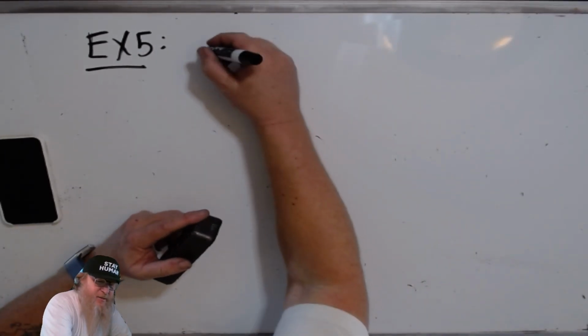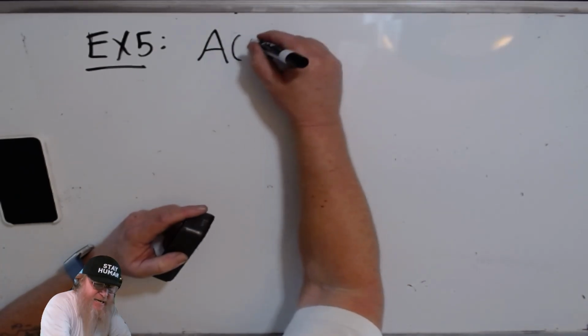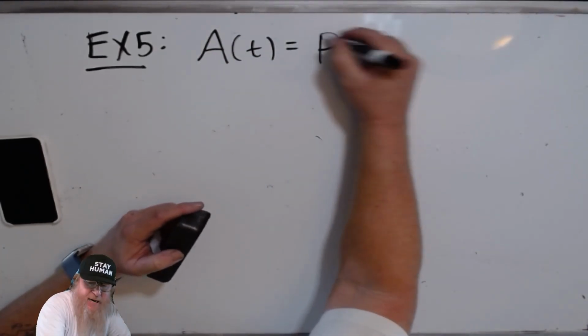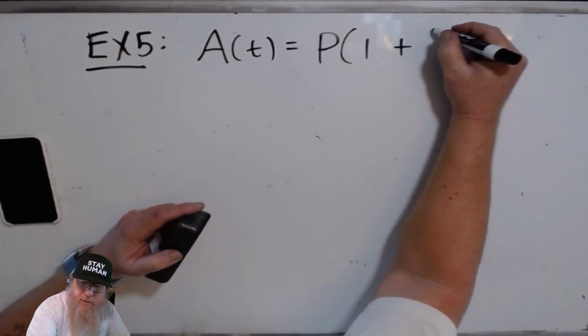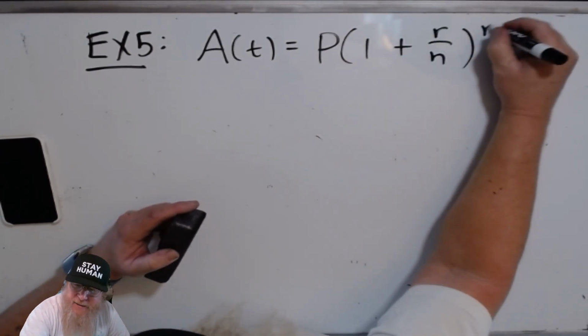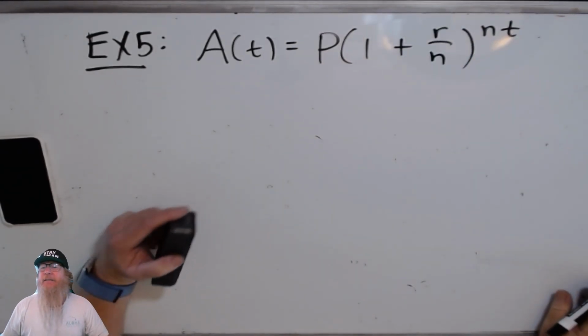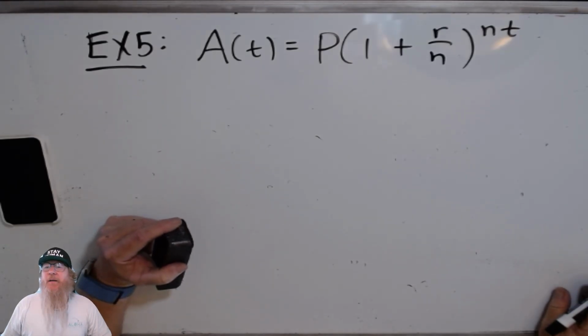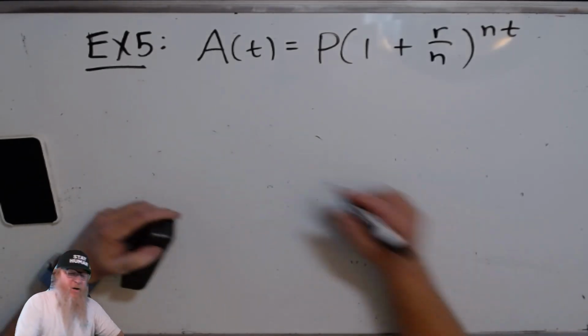Compound interest, A(t), is P times 1 plus R over N to the NT. That's the formula for compound interest.